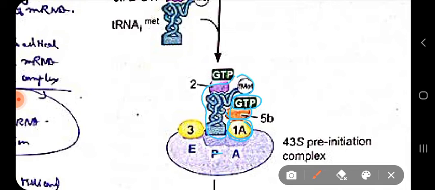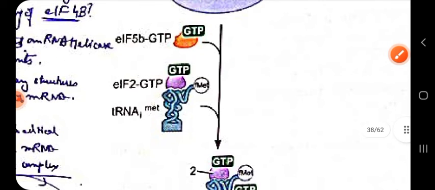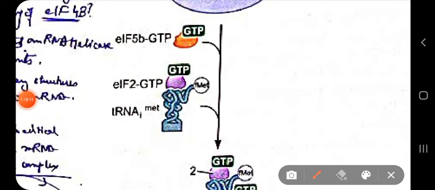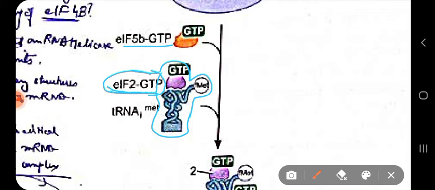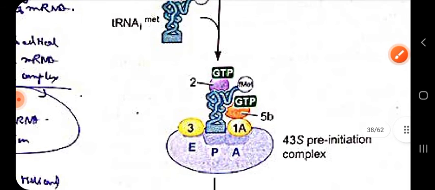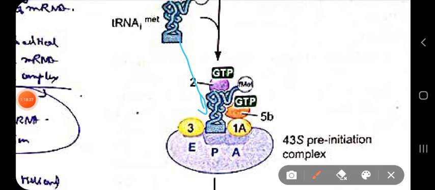Okay, and you can see another GTP binding protein called EIF2. EIF2 is also a GTP binding protein just like EIF5B, but here EIF2 associates with the initiator tRNA and is recruiting that initiator tRNA to be placed on the P site of the ribosome.